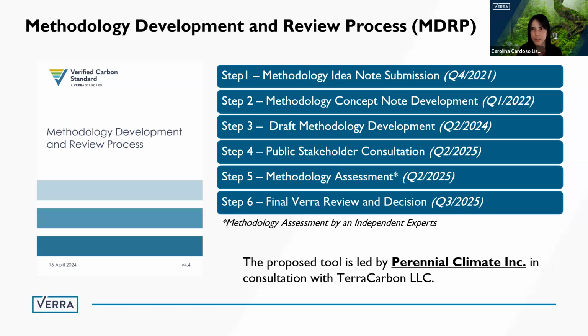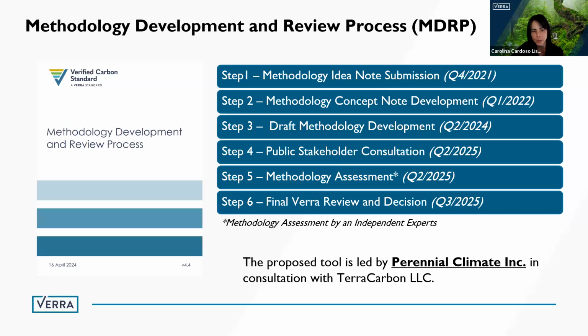As part of the Verified Carbon Standard documentation, we have specific guidance for methodology development under the VCS program. You see here to the left the first page of this document, which is the Methodology Development and Review Process. This document sets out the procedures and the rules for developing methodologies under the VCS program.